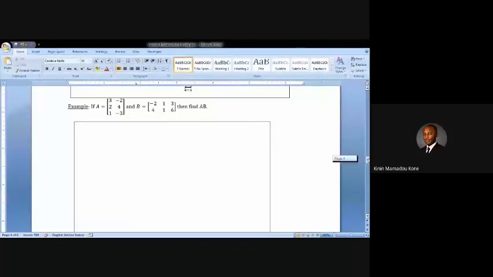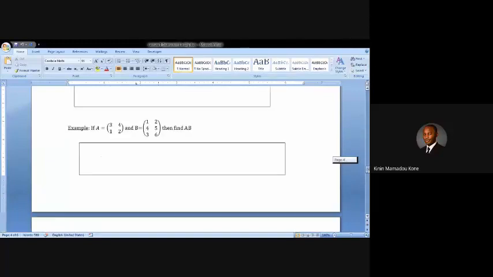For A and B, we had A, we had B, we found the product already, and we had this matrix and that matrix. I think we haven't done this example. We are going to do it next week.